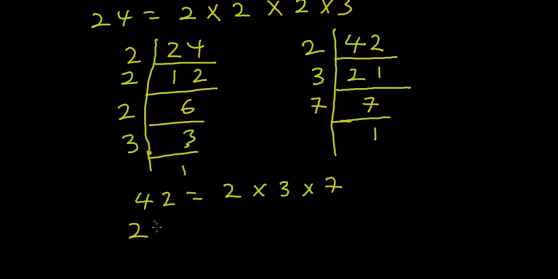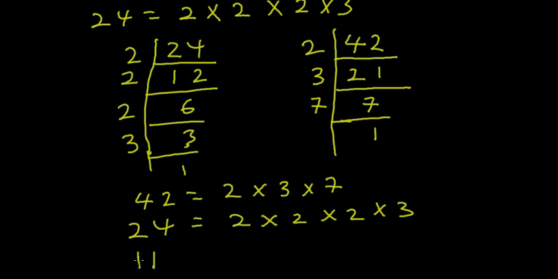Let me bring this 24 on down. The prime factorization for 24 is 2 times 2 times 2 times 3. Okay, so the common factor between the two prime factorizations of these two numbers, 42 and 24: you can find 2 in the factorization here, and you can find 3 in there.